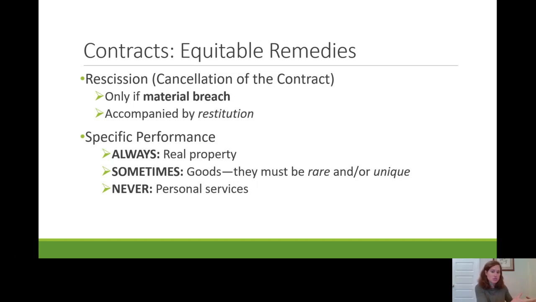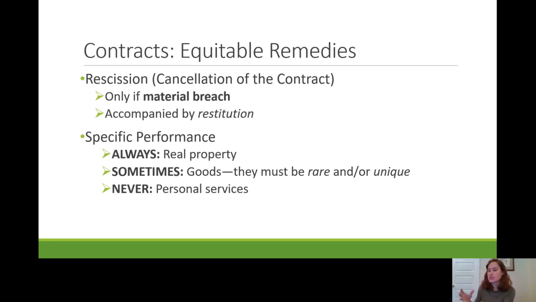If I needed those shirts in order to do something involved with my business, if I have to turn around and go out to somebody else and now get the t-shirts with a very, very quick turnaround time, and let's say that it's going to cost me $2,000 to get the t-shirts in time for what I need, I would be able to ask the original seller to pay me $1,000 in damages because I was supposed to be getting 500 t-shirts for $1,000. I had to enter into a second contract and now pay $2,000. So that difference, right, between my cover price and the original purchase price would be damages.